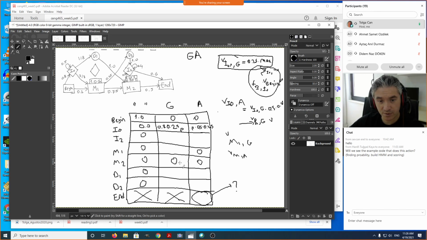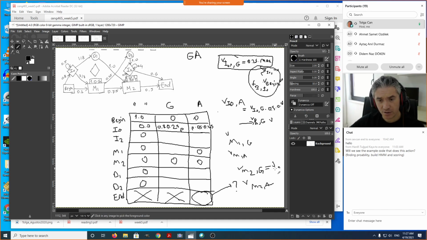Let me repeat: the probability of the best path ending at M2, where the last thing observed is G. If you look at the emission probabilities at M2, it only contains C and T. The others are 0. Therefore, the emission probability of G at M2 is 0, so whatever the max part is, this is going to be 0. And the same thing for VM2A. It's also 0, because the emission probability of A at M2 is 0.